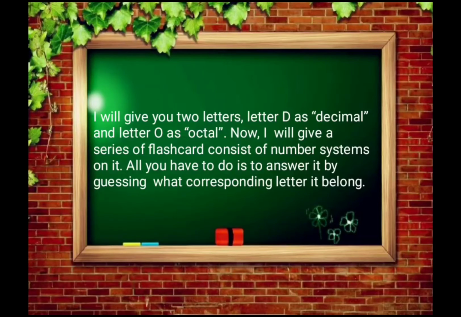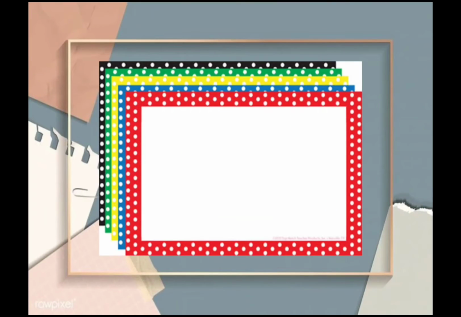All you have to do is to answer by guessing what corresponding letter it belongs to. So D or O, D as decimal and O as octal. Let's start guessing number one.